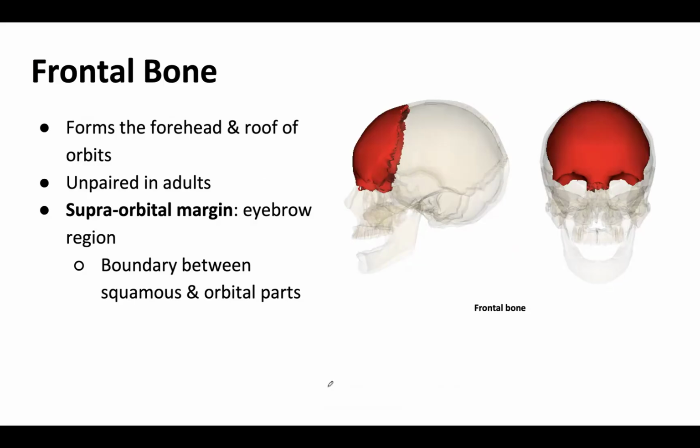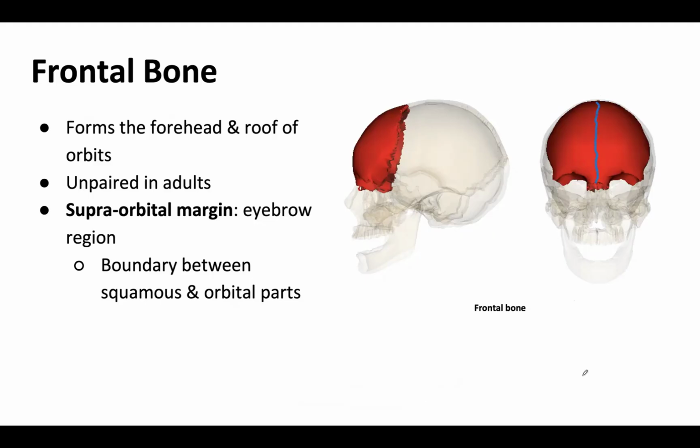So if you put your hand on your forehead, you feel the frontal bone deep to your skin. The frontal bone is an unpaired bone, although it did start off as two bones that fuse around 3 to 9 months after birth. Occasionally, there is a suture that will be retained called the metopic suture that could persist into adulthood.